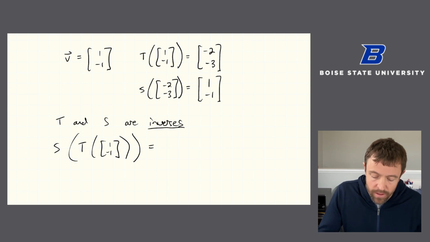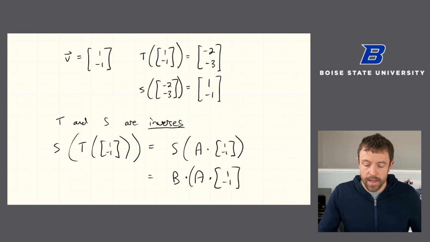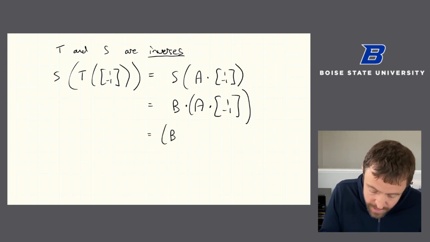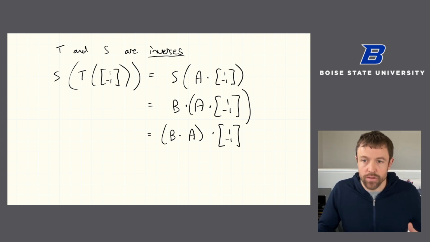But if I write this out, applying T is the same as multiplying by A, and applying S is the same as multiplying by B. And we've talked about the fact that matrix multiplication is associative. So what this is saying is that this is B times A times this vector 1, minus 1.